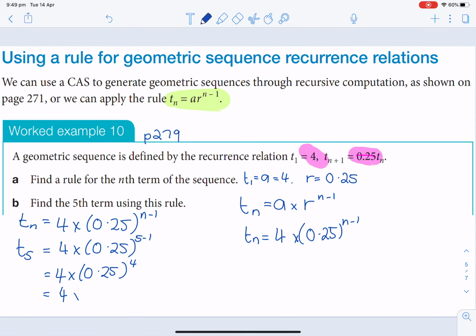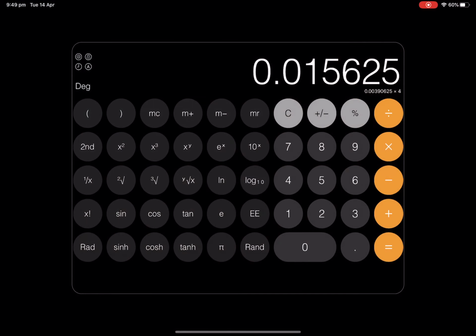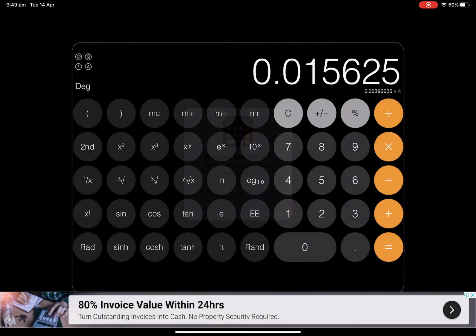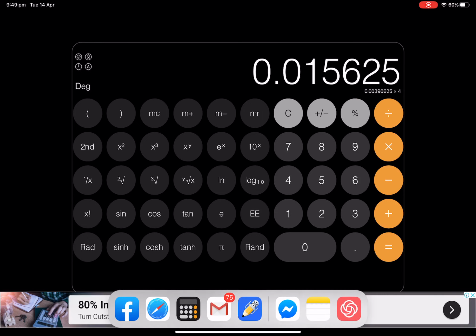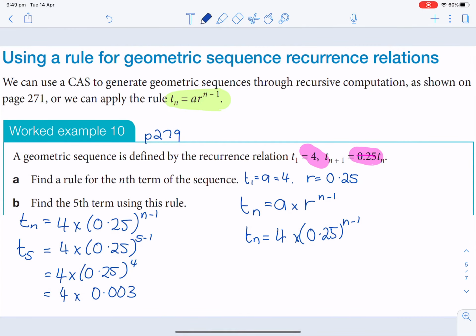So it's 4 by 0.0390625, multiplying them together, and I get 0.015625. Now it doesn't actually specify how many decimal places I need, so in order to get a number, I put in as many as I can.